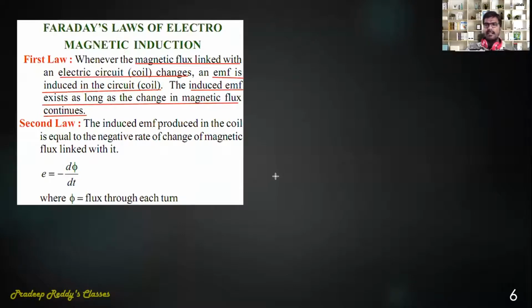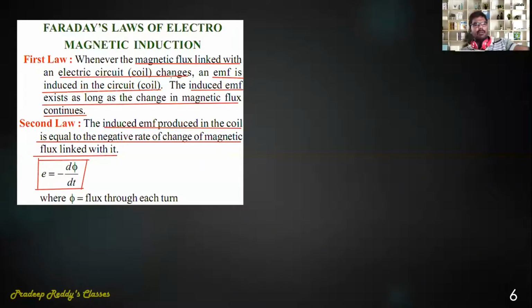And Faraday's second law gives the magnitude of EMF produced within the coil. The second law states that the induced EMF produced in the coil is equal to the negative rate of change of magnetic flux linked with it. It is E equal to minus d phi divided by dt.